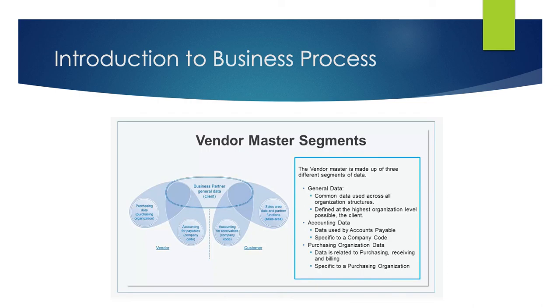For general data, it is quite commonly used across the organization, and also defined at the highest level, the client. Example, common to the data, basically common to purchasing and accounting, so that they won't go wrong in making the payment, for example, for the client.